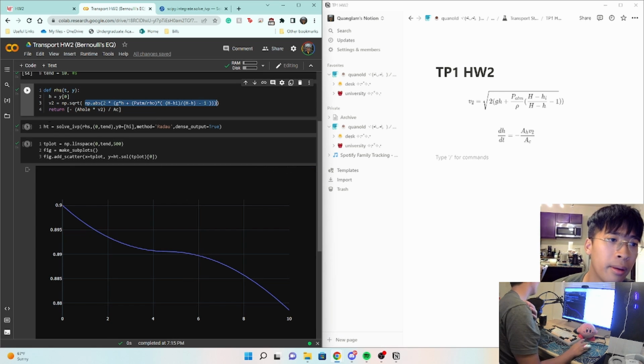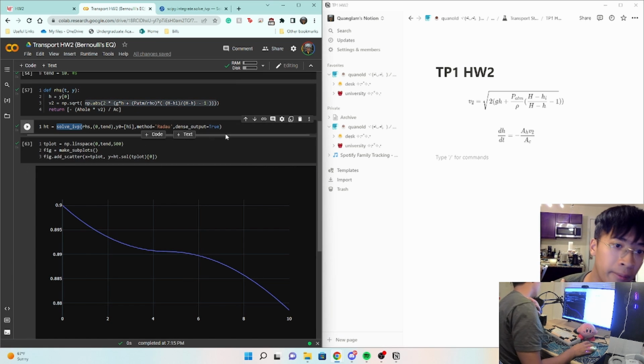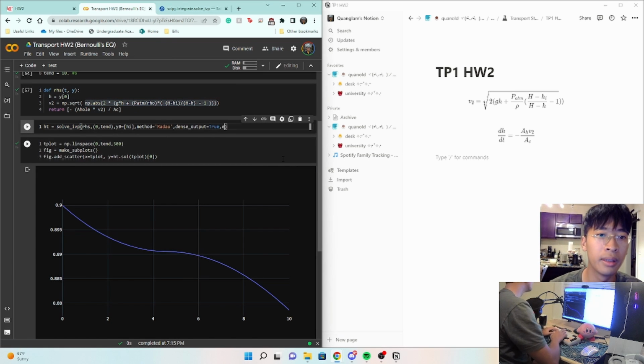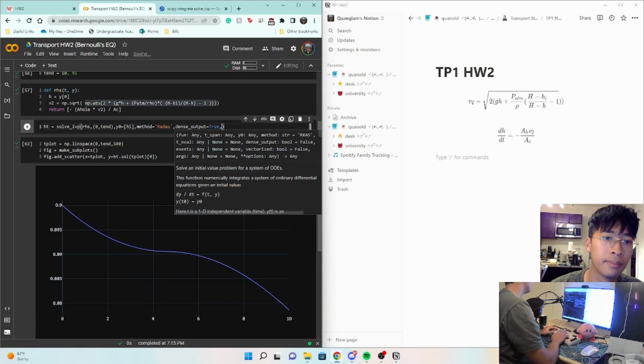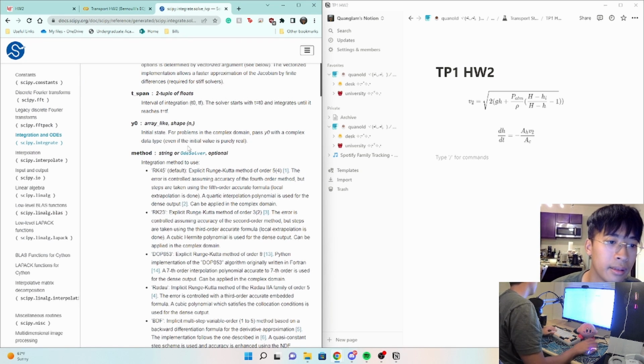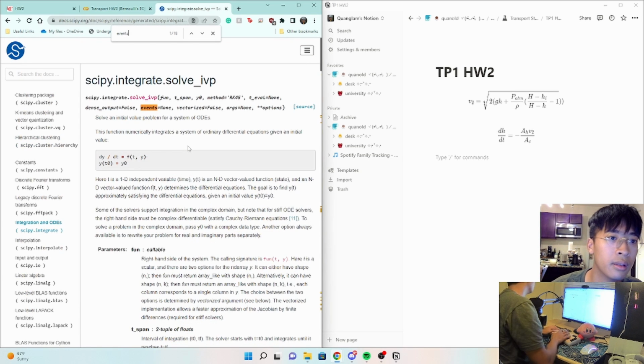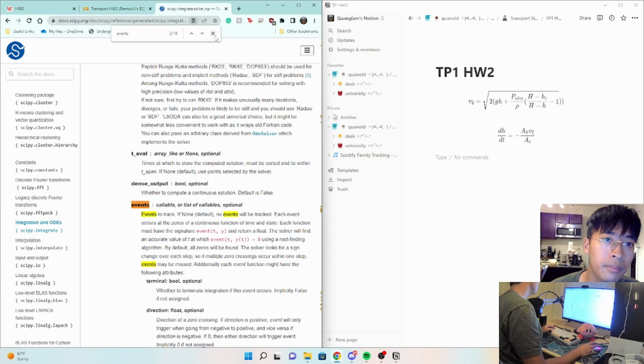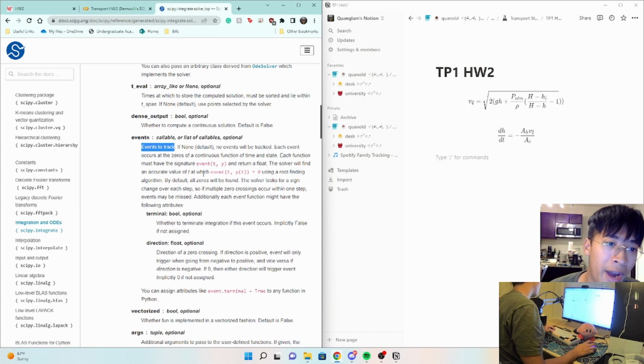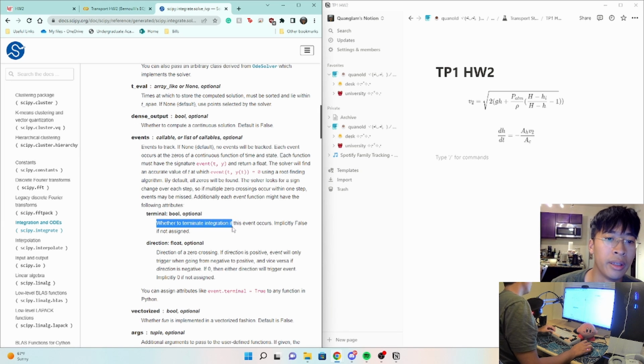And this is where one of solve_ivp's features, events, comes in. Events, okay? And let's look at that. Events to track. So we can do a terminal event, and this tells the function whether to terminate the integration if this event occurs.